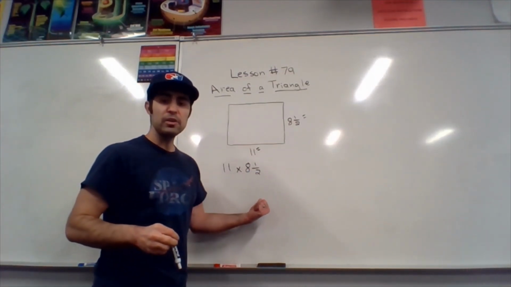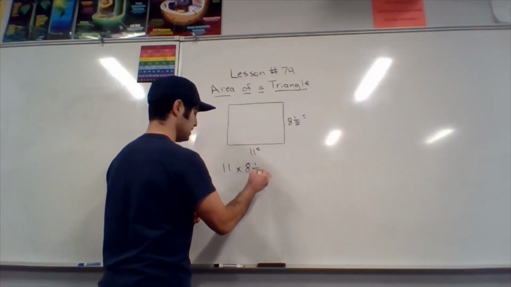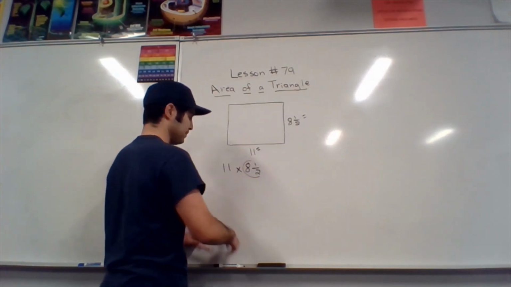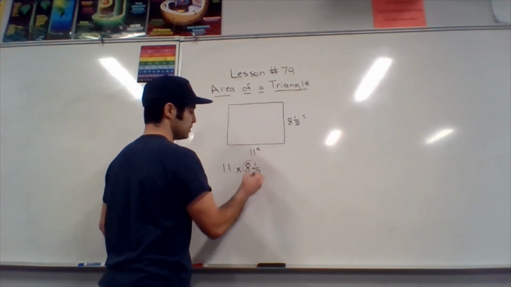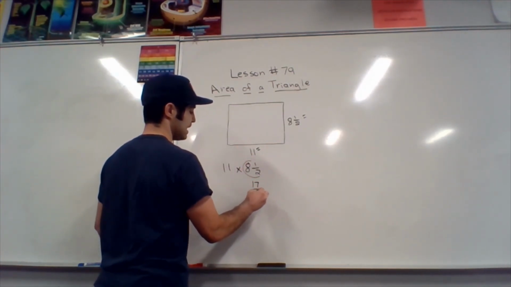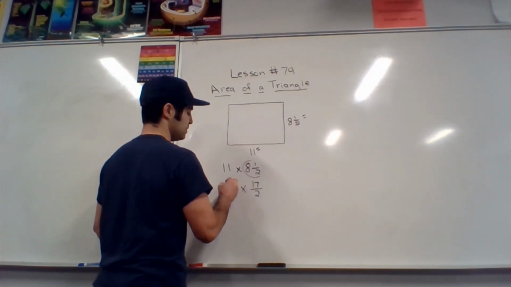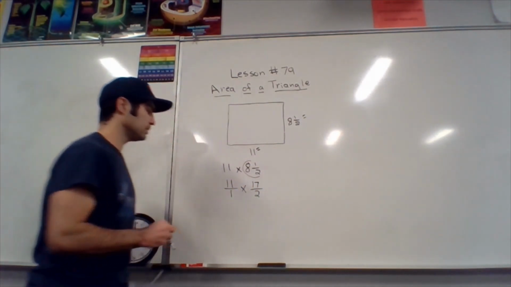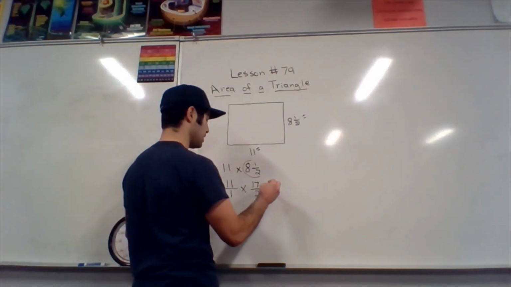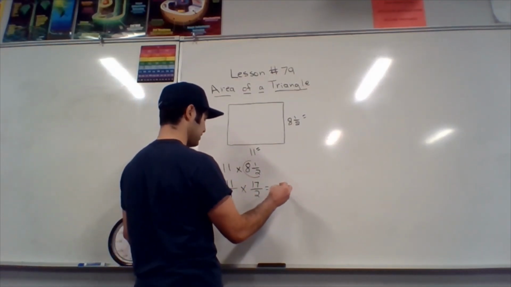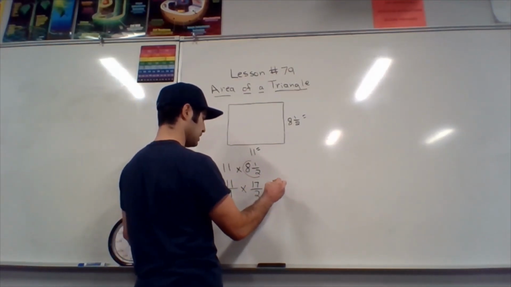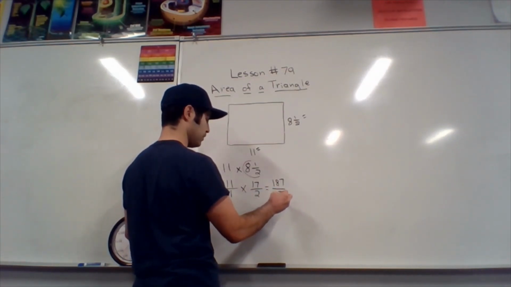Oh no! You gotta do backwards C. Can't be having that. 2 times 8 is 16, plus 1 is 17 halves, times 11, put it over 1. Okay, now you multiply straight across. 11 times 17 is going to be 187 over 2.